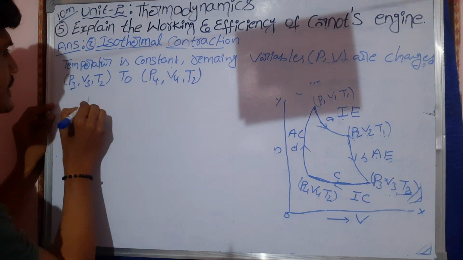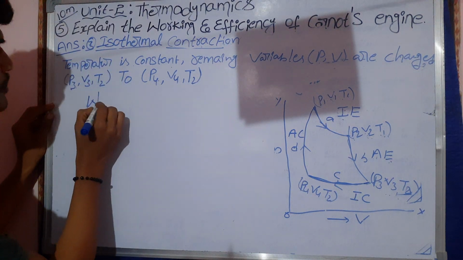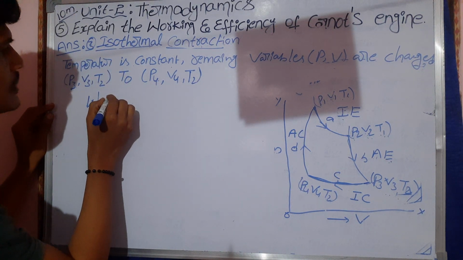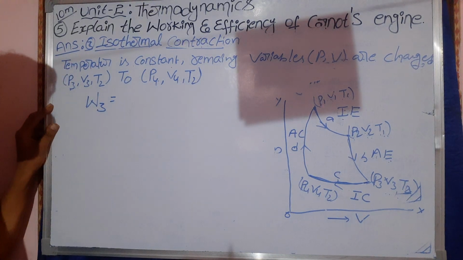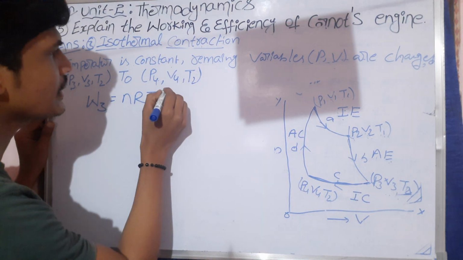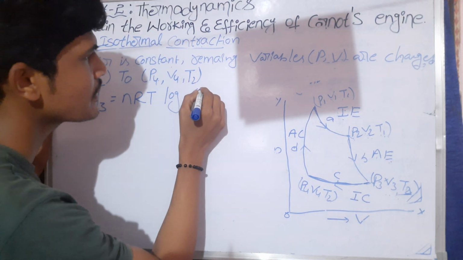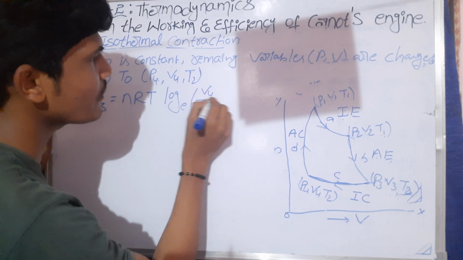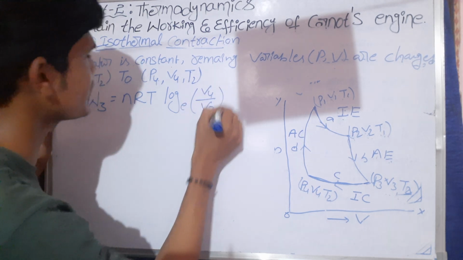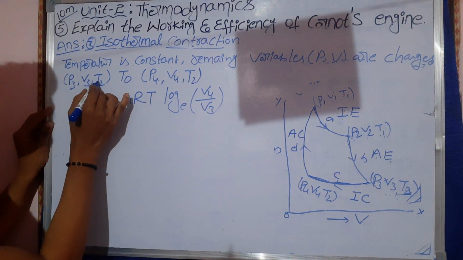Work done: the third work W3 equals nRT log base e of V4 by V3, where T means T2.